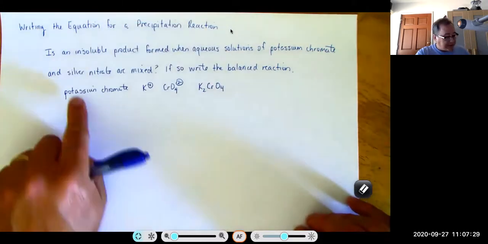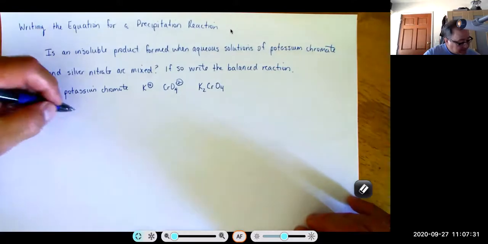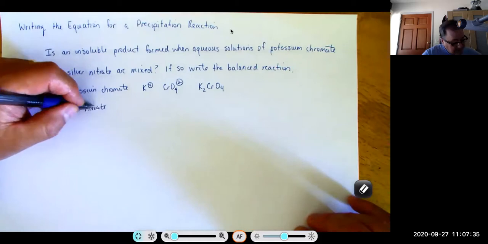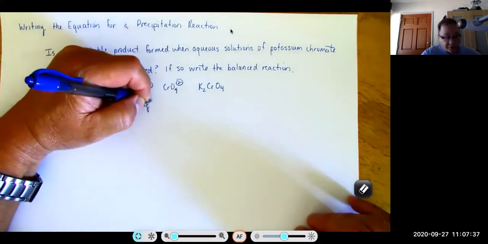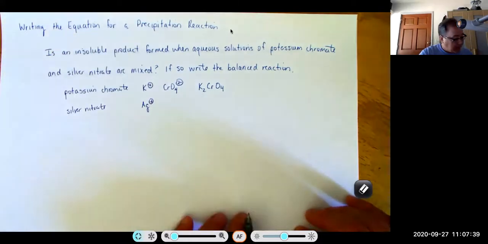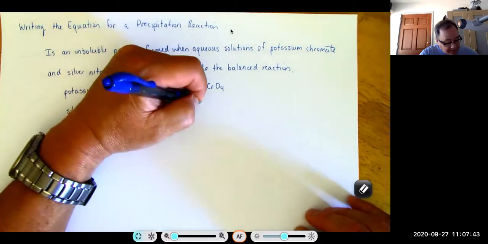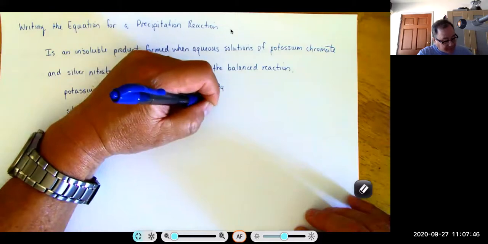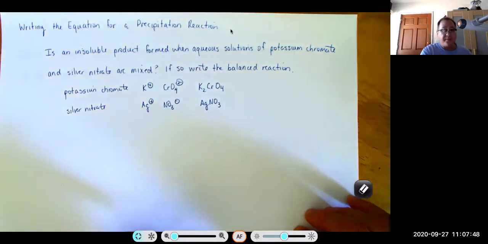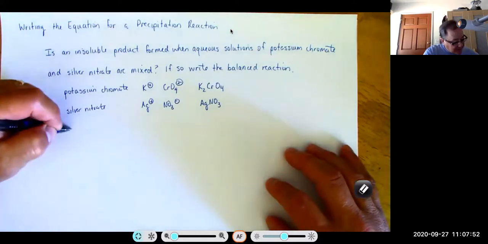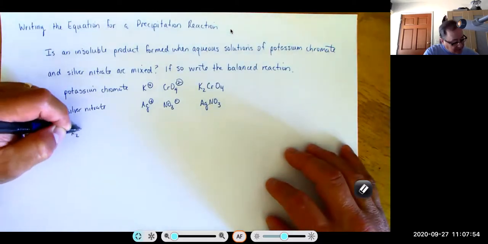We can do the same thing for silver nitrate. Silver is +1. We're supposed to memorize that one. And nitrate is NO3, -1, and so the formula is AgNO3, and we're supposed to memorize the nitrate. So if we mix these two things together, we have K2CrO4.